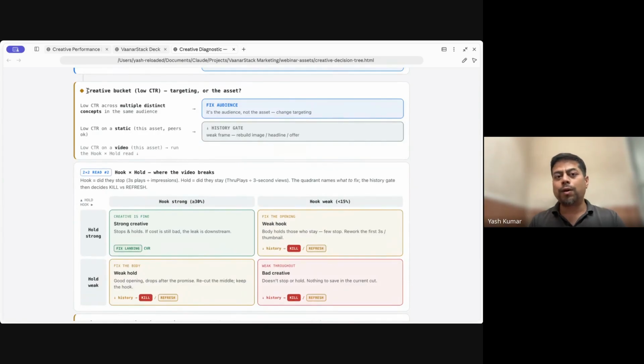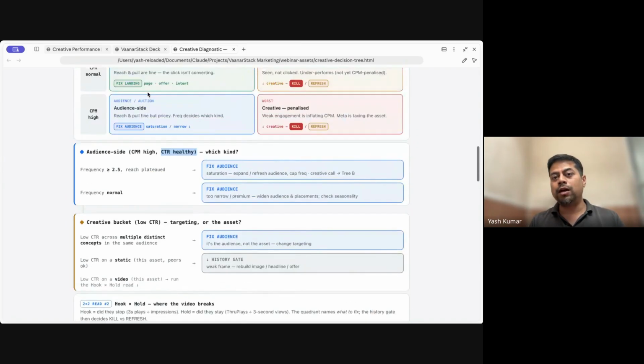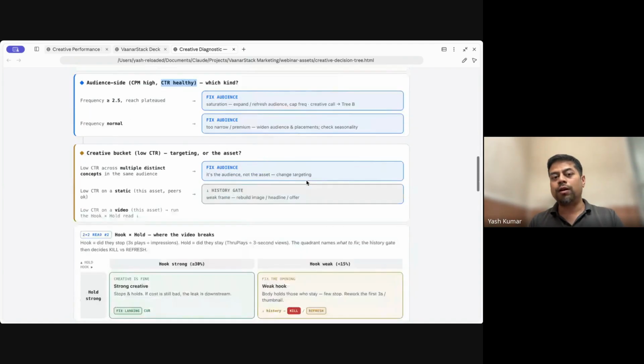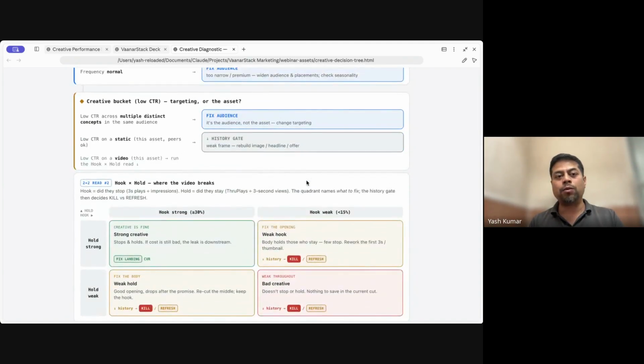If, let's say, the creative bucket is having low CTR, which is this particular bucket, right? Low CTR, these two different actions come into being, right? Low CTR across multiple distinct concepts. So if, let's say, you have tested it, like you tried some 5, 10 different concepts, and in all those concepts you are seeing that CTR is low, right?